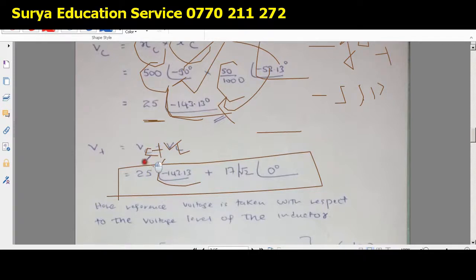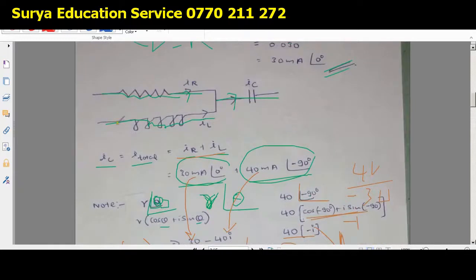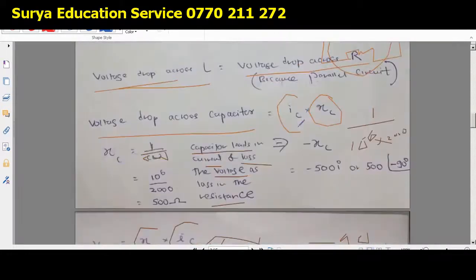And this 25 is also an RMS value, root mean square value. Okay, right? Because we know the current and the reactance, so this drop plus that drop would be the total drop, right?